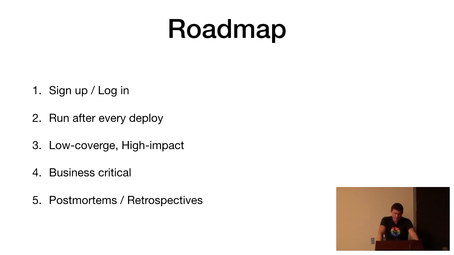Start testing those next. And then lastly, let your own process drive what you test next. Look for trends in your outages that you document in your postmortems, hold retrospectives, discuss which areas of your product you think are getting flaky or start failing more, and consider adding tests in those areas.